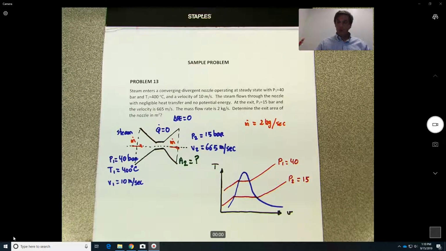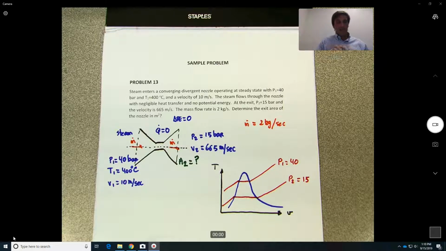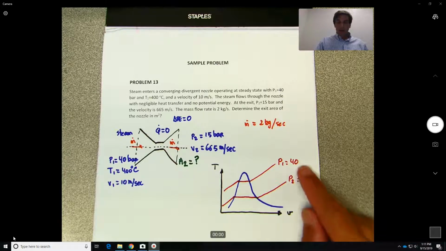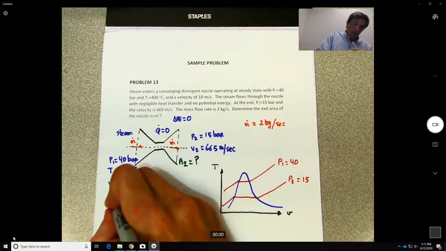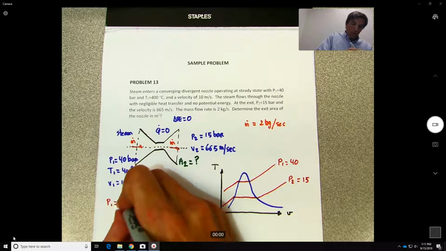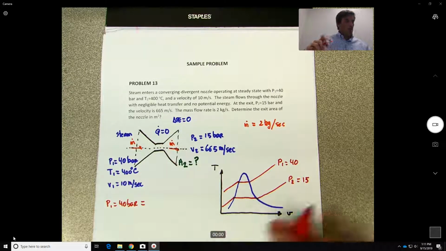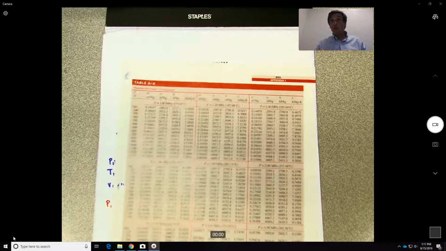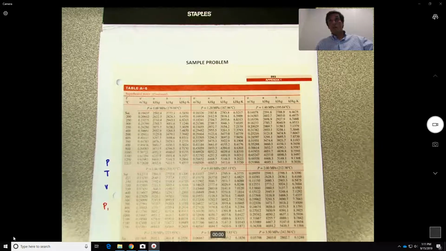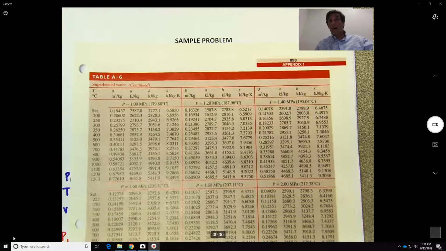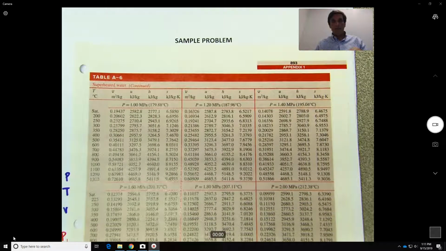Okay, maybe we can go right away to this one. So let's see, this is steam at P1 equal 40 bars. If you go to the tables, table A6, let me zoom in a little bit, you see that they give you pressure in megapascals.